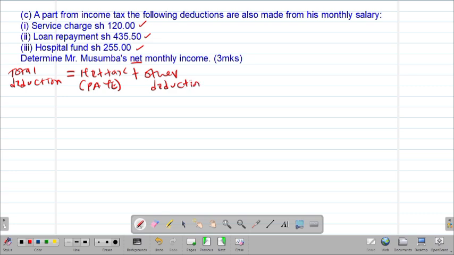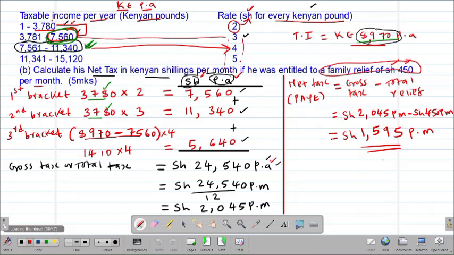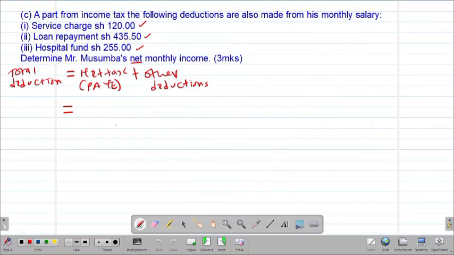Then of course you add other deductions. Other deductions, we talked of the basic deductions and of course the special deductions. So this will be equal to our net tax or the PAYE, which we got as 1,595 shillings per month. Then plus the other deductions, we have service charge of 120 shillings, which is per month because it is monthly.